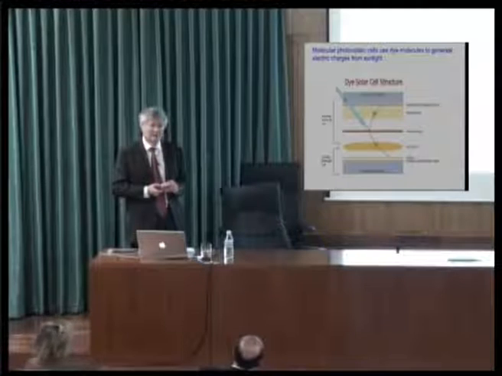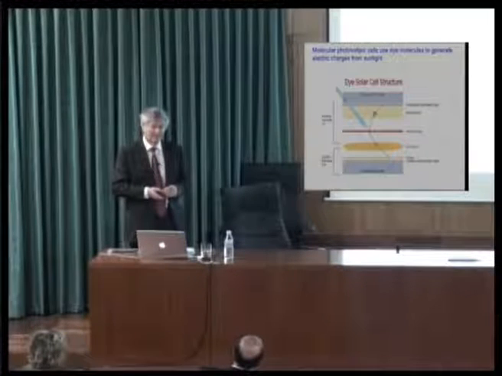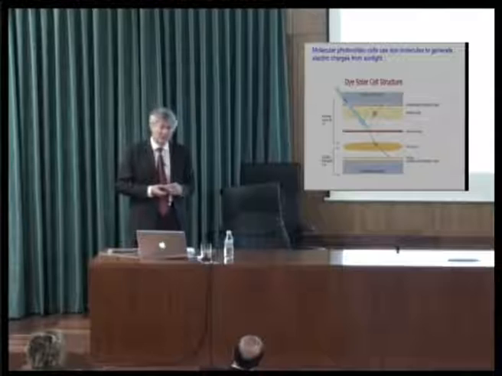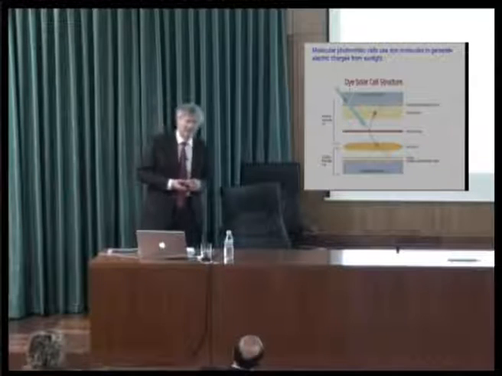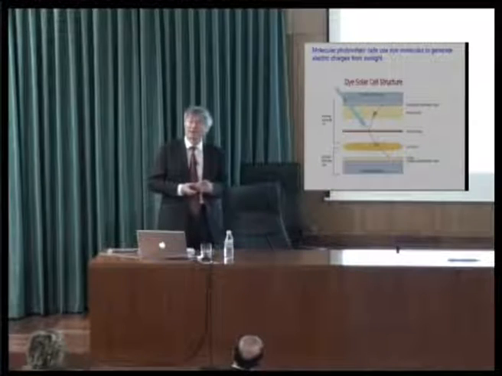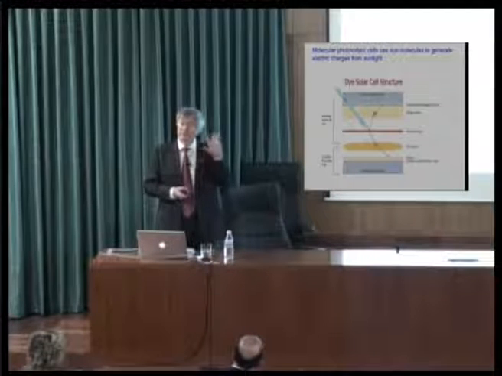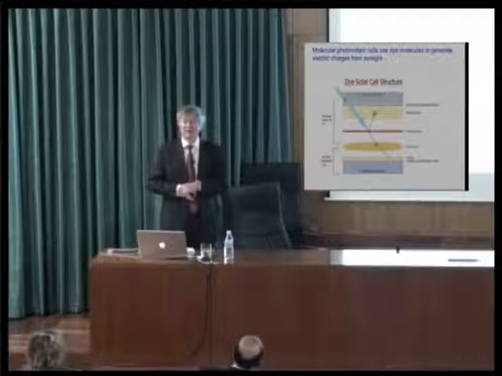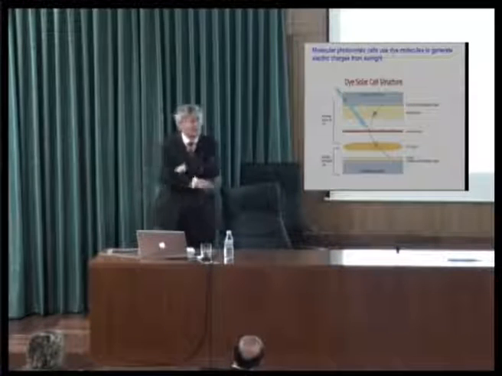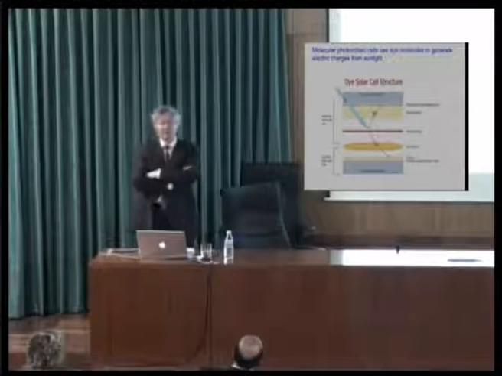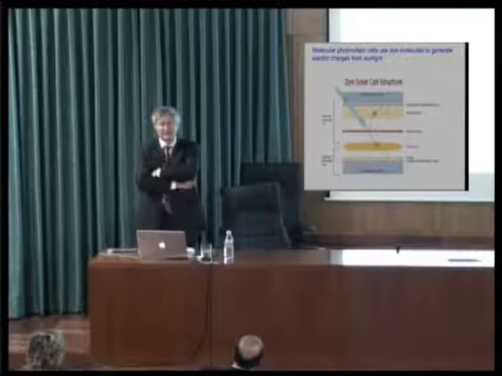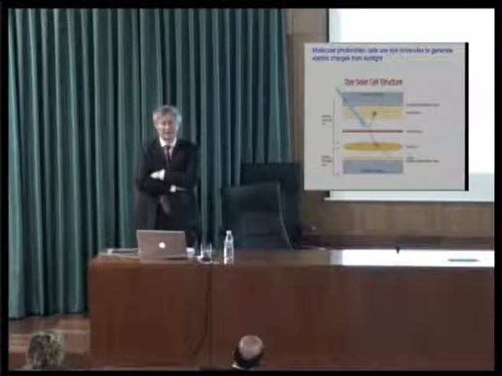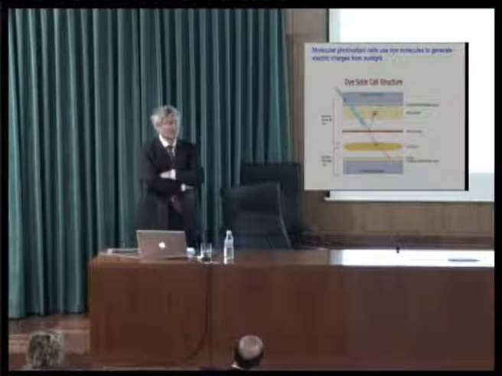Not only that, you have the minority carriers, and you have minority carrier lifetime issues. That's why solar-grade silicon is 99.9999, six nines. You need that purity to get your minority carrier lifetime in the microsecond time range, and you have a good chance to capture the minorities before they combine with the majority carriers.